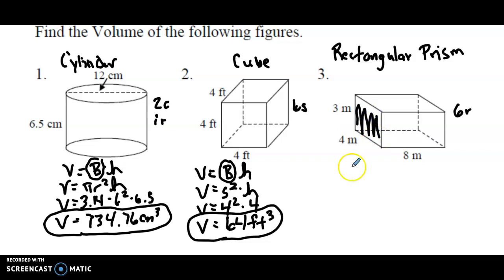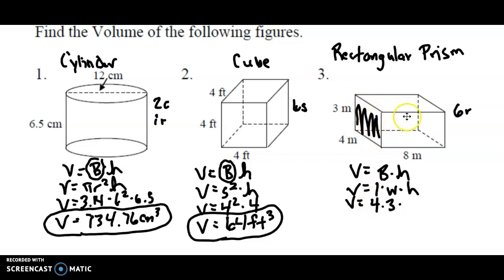Again, to find the volume, V equals capital B times cursive H. We have rectangles, so my formula for a rectangle is length times width. And then I get the height. I'm going to plug in my numbers for the rectangle. I use 4 and 3.